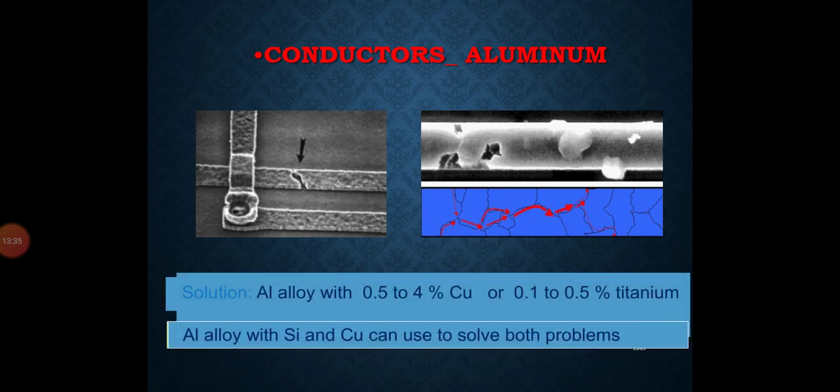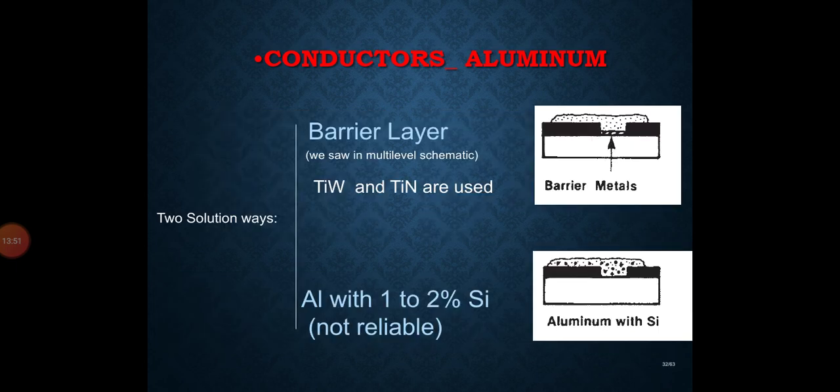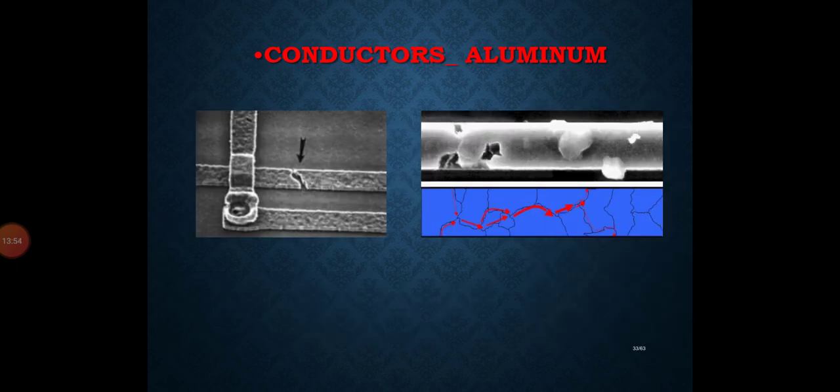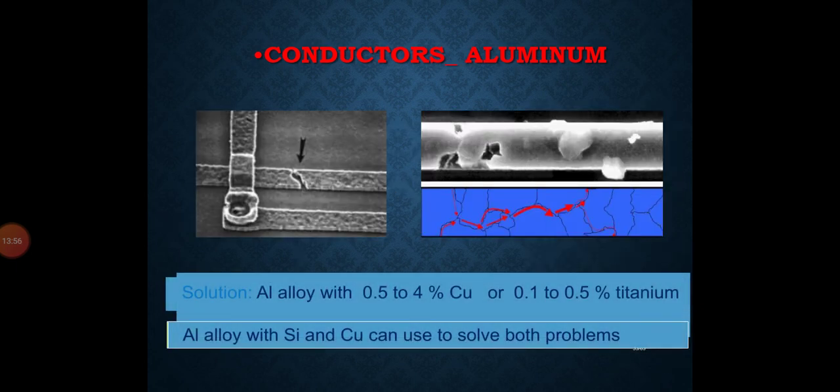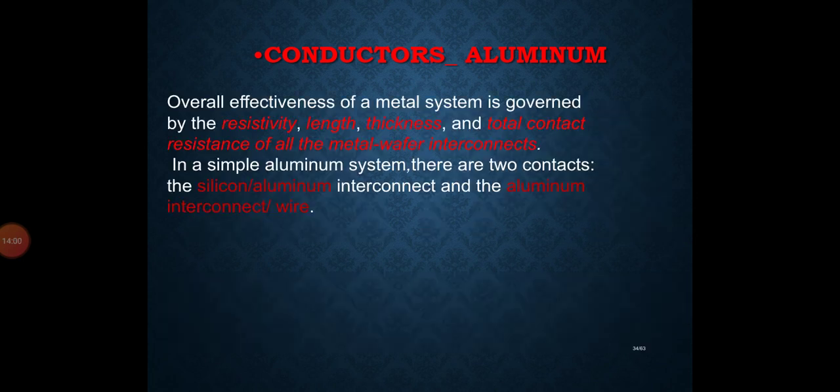Now the best solution is aluminum alloy with 0.5 to 4% copper, or 0.1 to 0.5% titanium. Aluminum alloy with silicon and copper can be used to solve both problems. Whatever the problem is, we can easily solve it with the alloy of silicon and copper. These are the solutions to the problems.